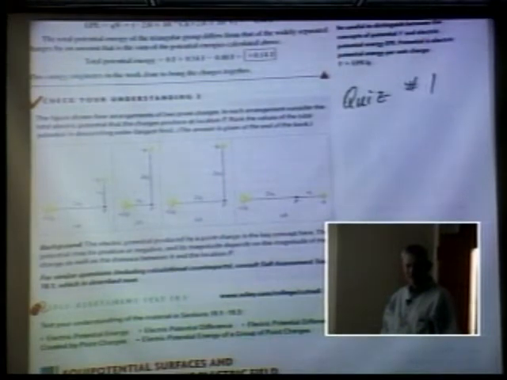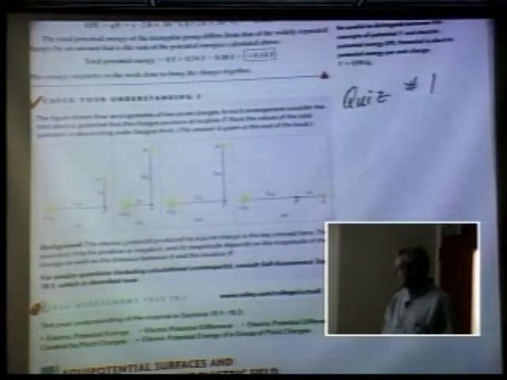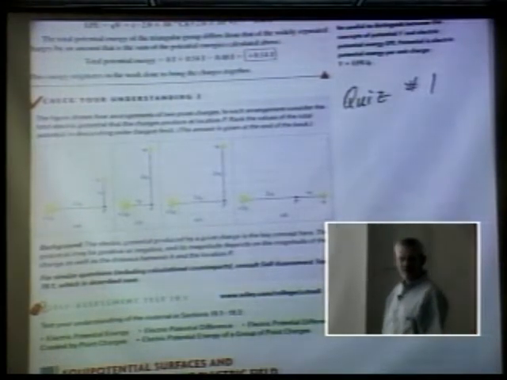Well, actually, 2 of these things are just like the other. Which 2 problems are exactly the same? A and D or B and C? A and B. They're the exact same thing.